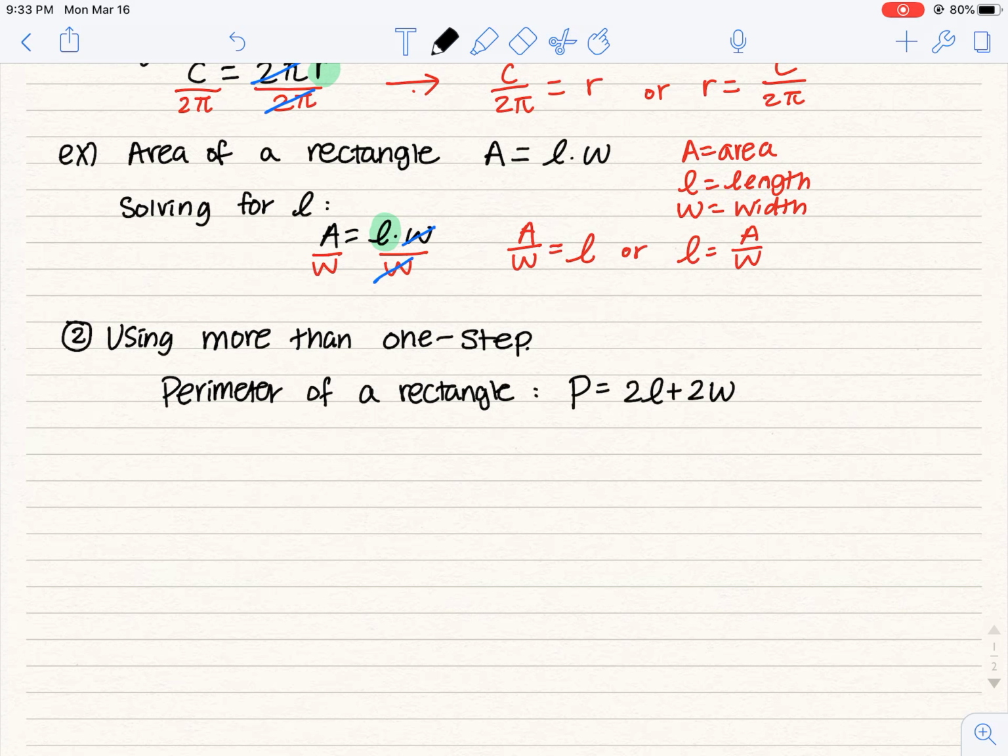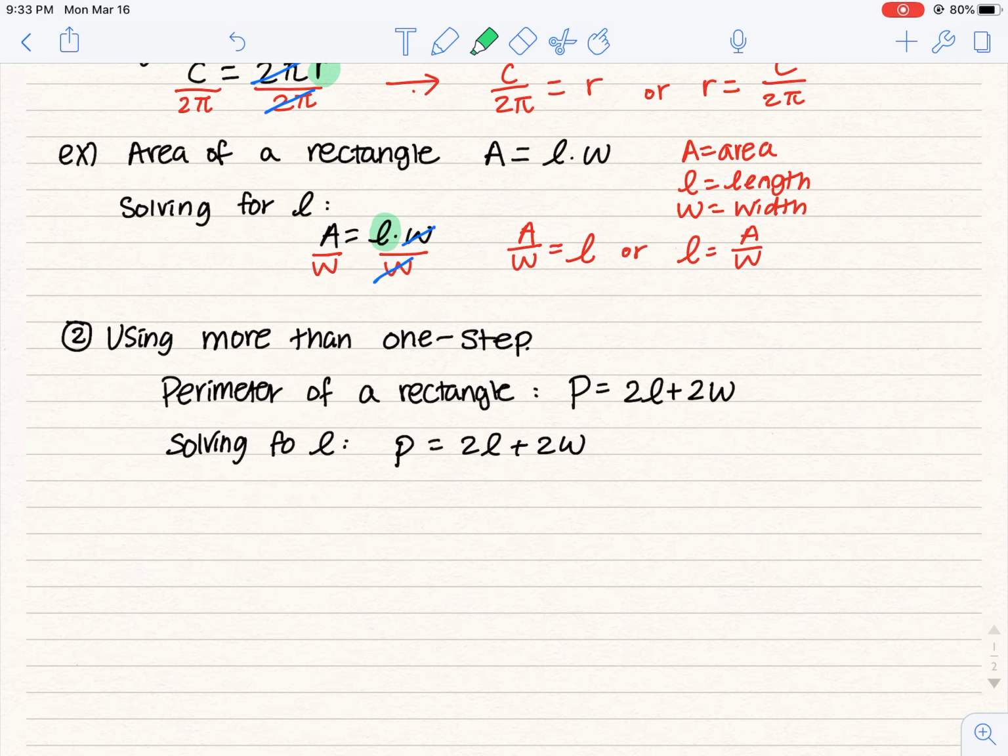I'm not going to write down what they are because we already established that L is length and W is width. And let's say we have to solve for the same thing, the length. Now, it's going to involve several steps in this case.